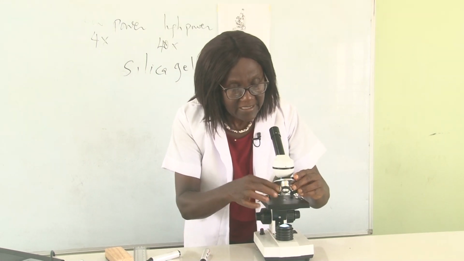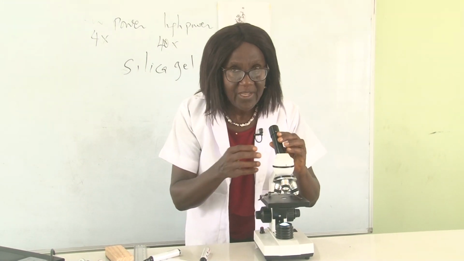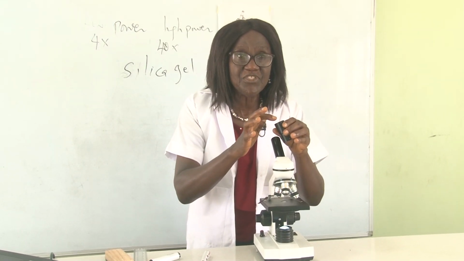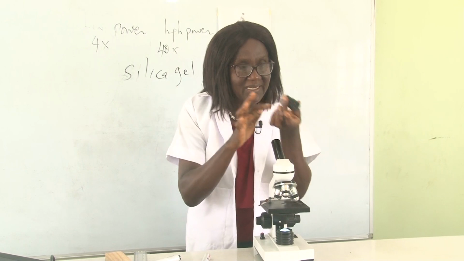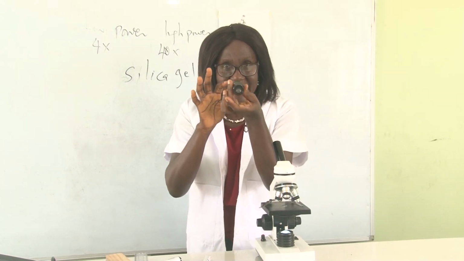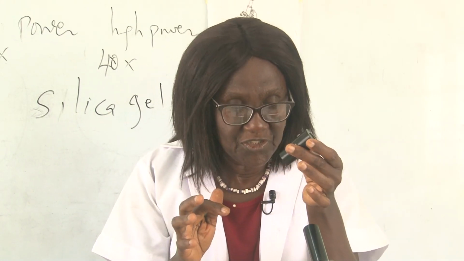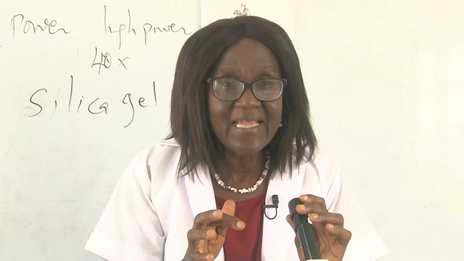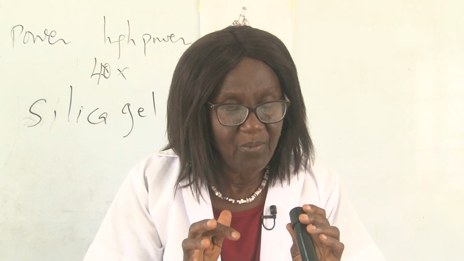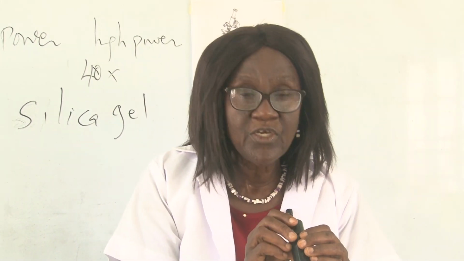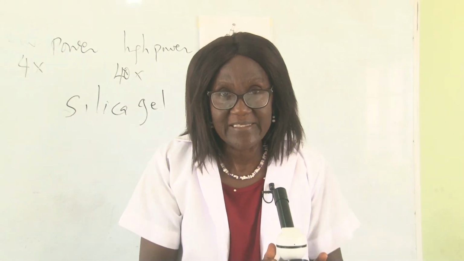You remove the parts and blow the dust off and clean with very neat lens tissue so that you clean the lenses. There are lenses in there that need to be cleaned with very soft tissue. Then there can be a problem of rust. So parts can be oiled to keep away rust.